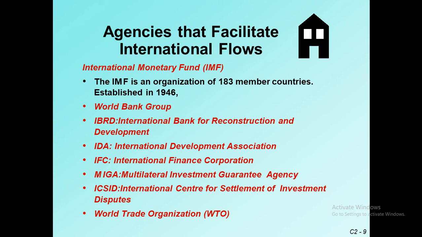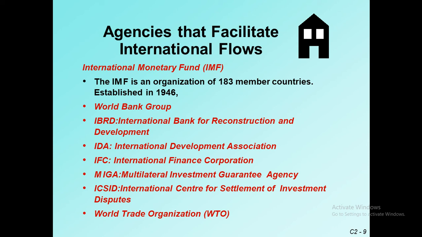They help them. It has 183 member countries and is composed of 5 organizations: IBRD, IDA, IFC, MIGA, and ICSID. These 5 are the main organizations of the World Bank.